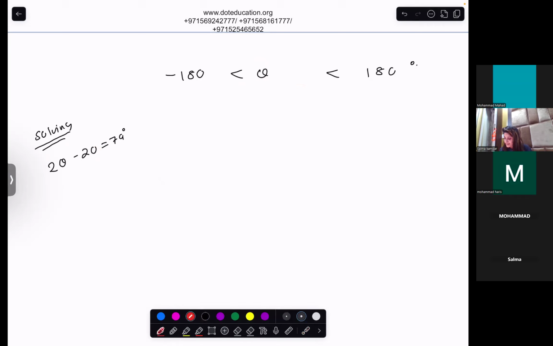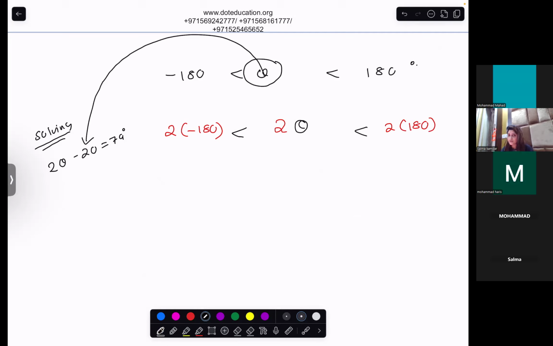Since I want to convert it, I will multiply everything by 2. So it's 2 into minus 180 here and 2 into 180 here, because I am solving for a transformation.